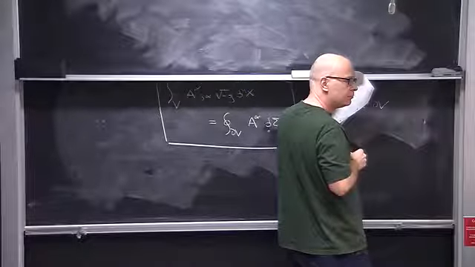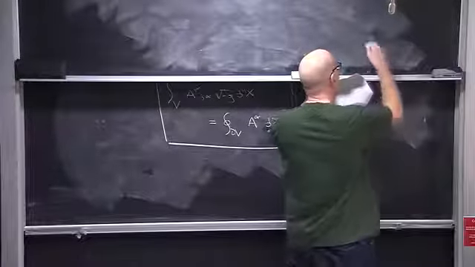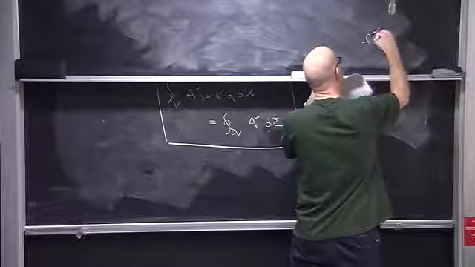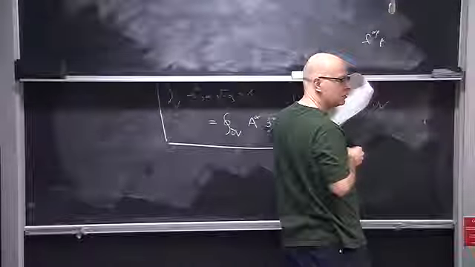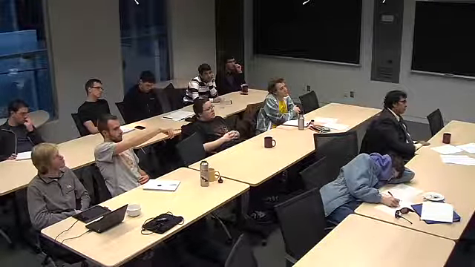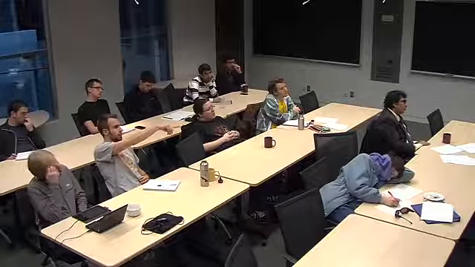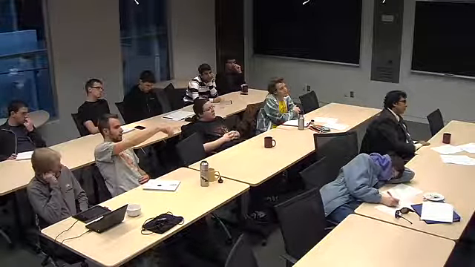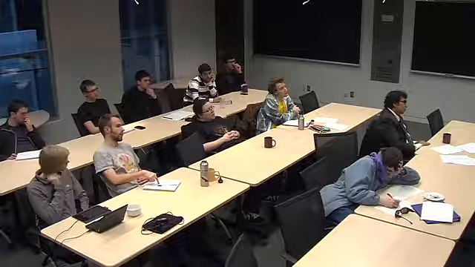Right. So F alpha beta contracted with the covariant derivative would be a vector. Like this? Yes, and then integrate that over some volume.